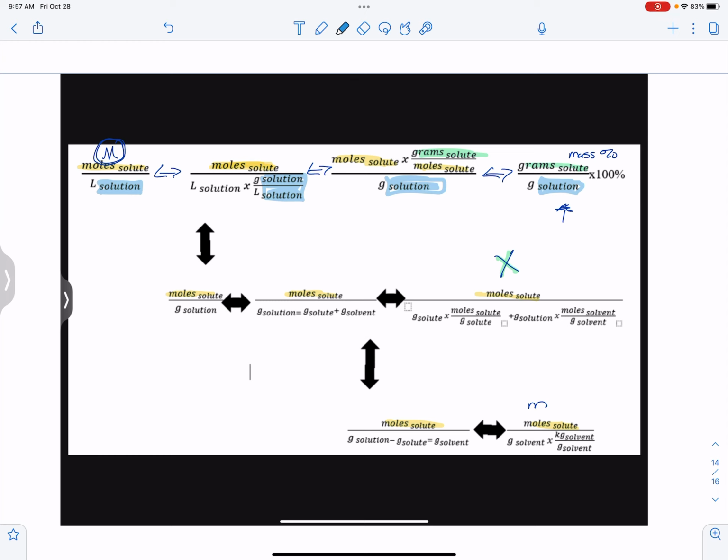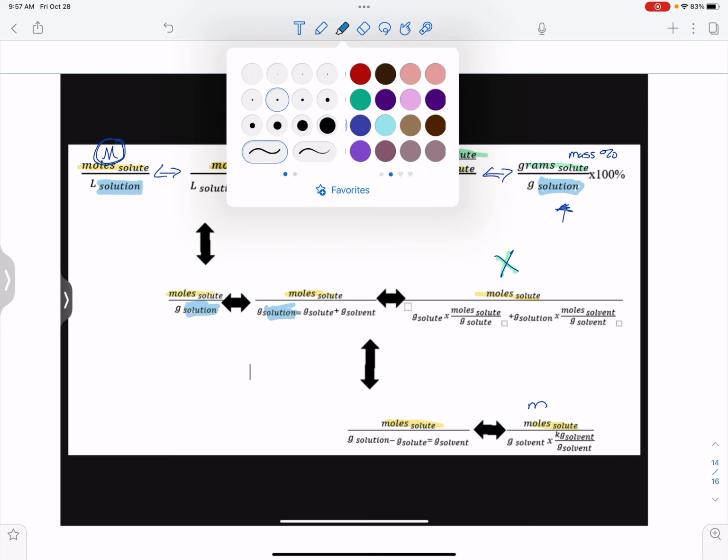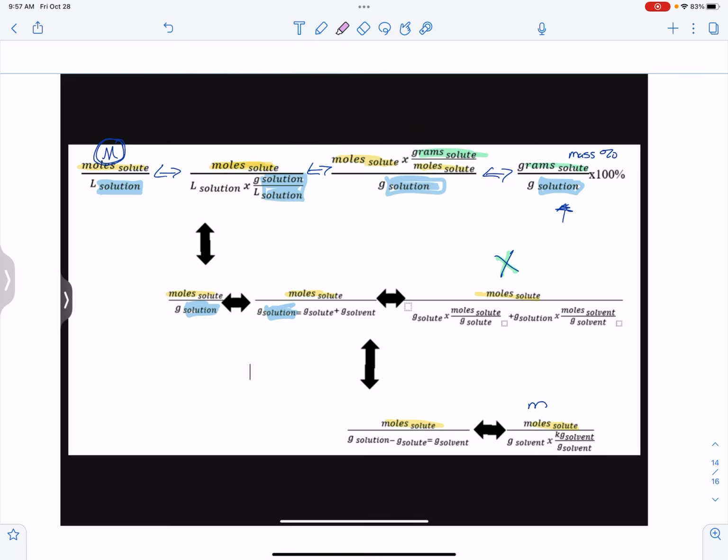But over here, if you go to the other two units, you're going to have to do some kind of breaking apart so that you can see that we switch into two types of units.